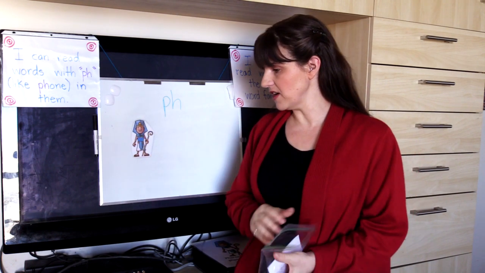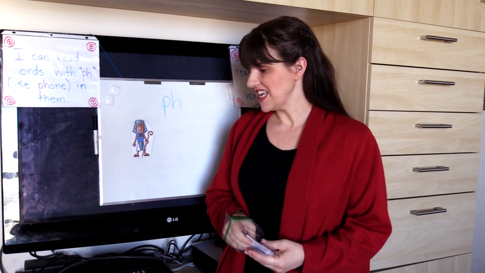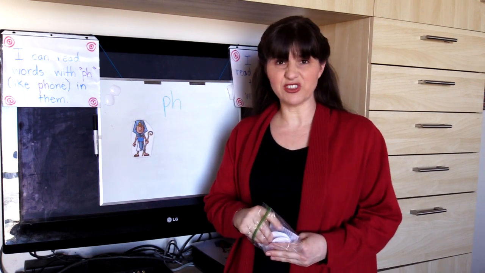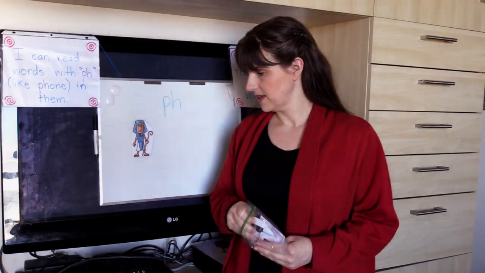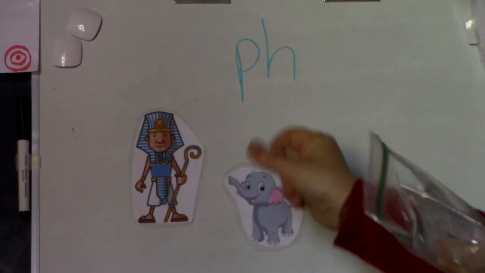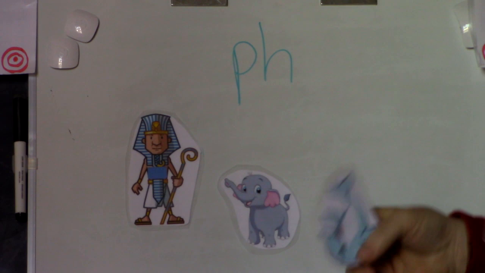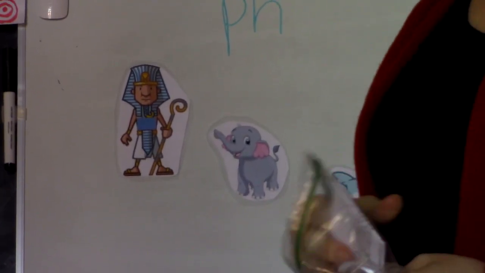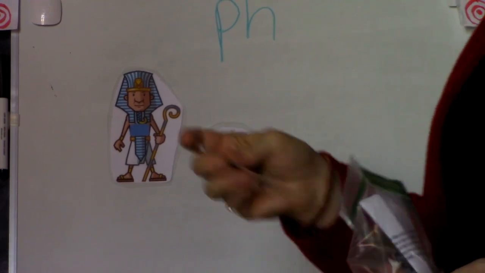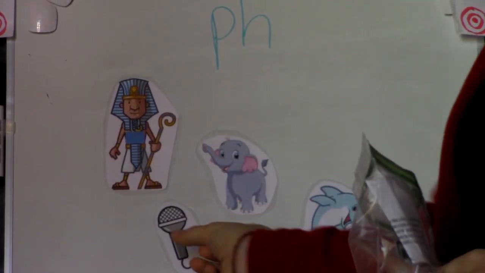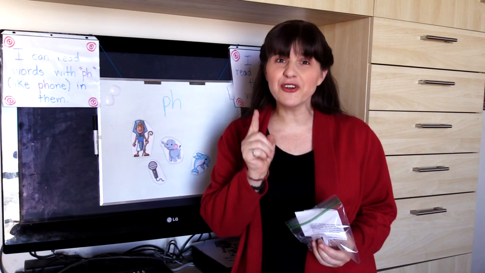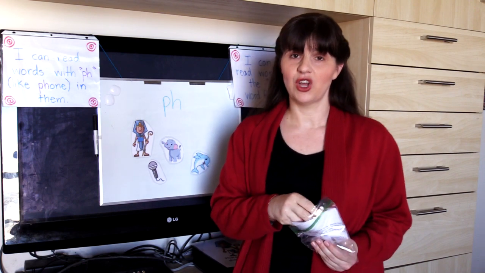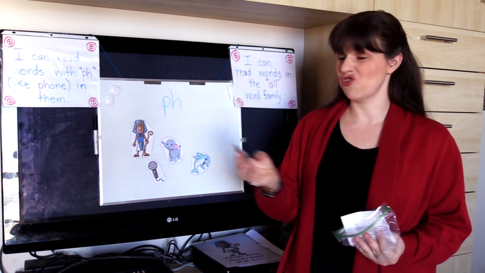And this pharaoh, he had many pets and other things. Let's look at some of his pets. He had an elephant, and he had a dolphin, and then he had some other things. He had a fancy microphone that he could talk into, but his very, very favorite thing in the world was his cell phone.